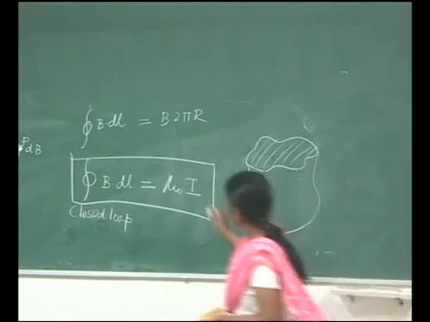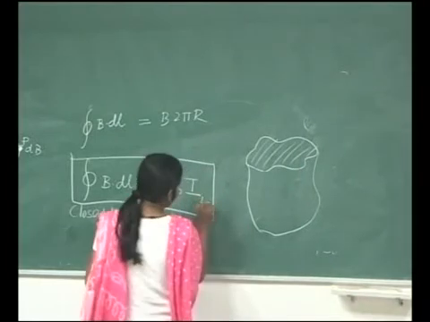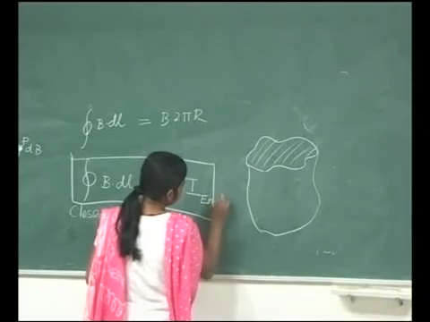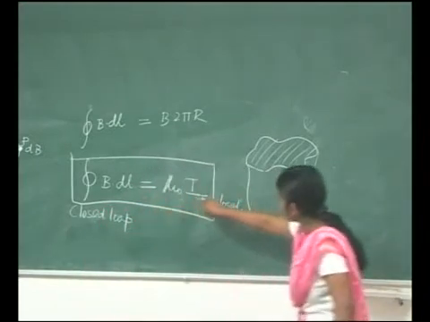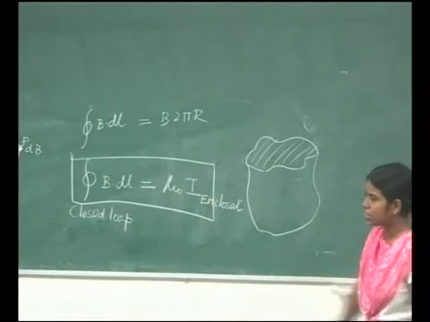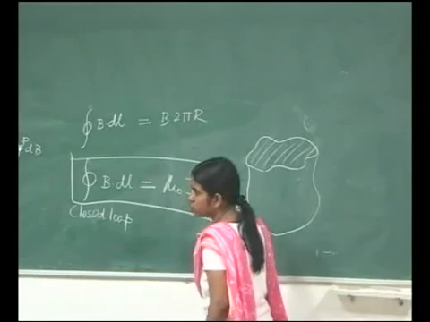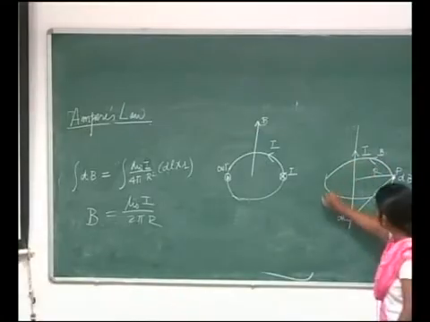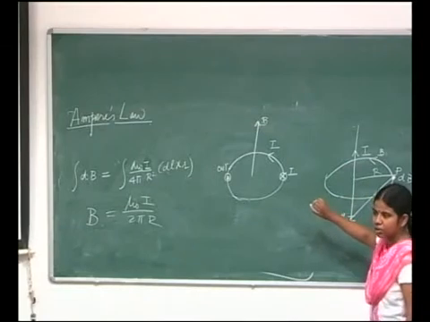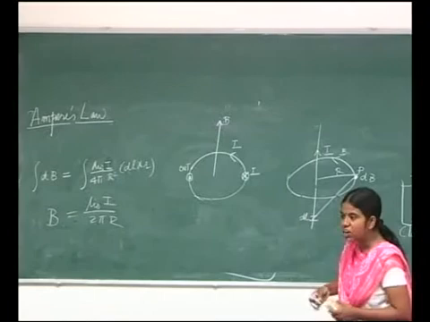Now, here you will see that it is always written I enclosed: B dot dl is mu 0 I enclosed. You see it in any book. What is this I enclosed? Generally there is a tendency to think of current enclosed in this loop. But you cannot enclose current.